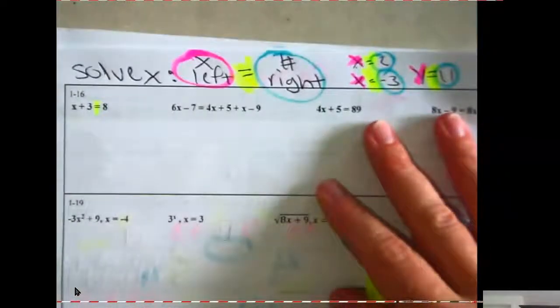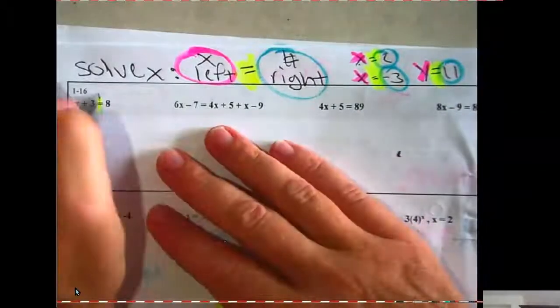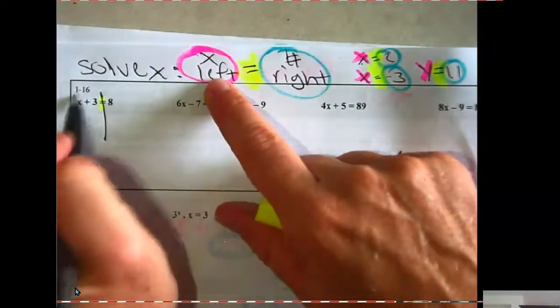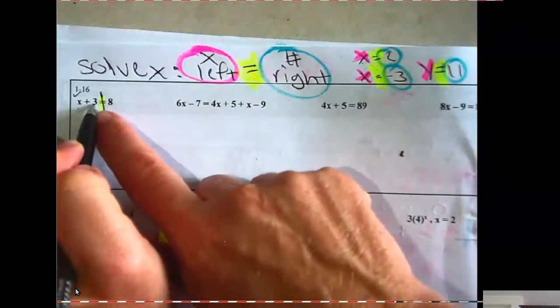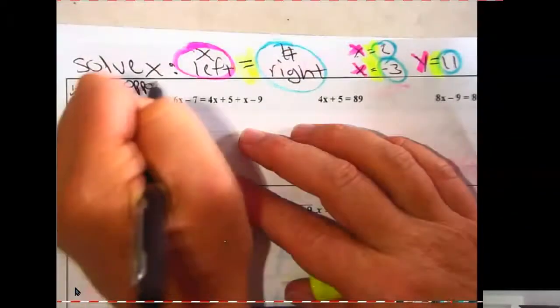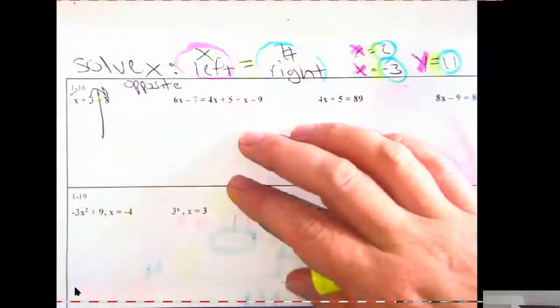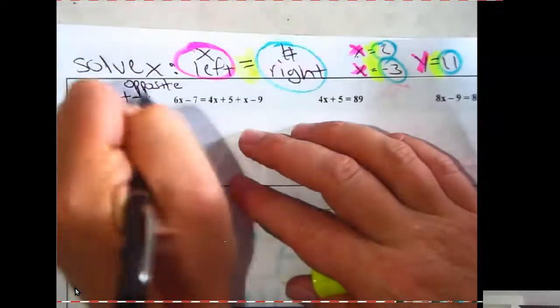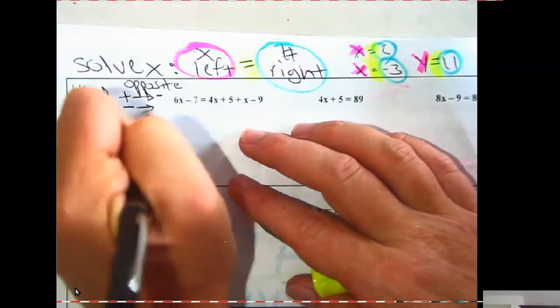Okay? So here we are. We've got this equal sign. Let me zoom in a little bit, and then we can see. So, x is on the left. Good. But the number should be on the right. Now, when I move it, I need to do the opposite. The opposite of plus is minus, and the opposite of minus is plus.